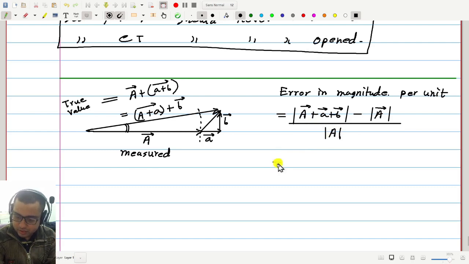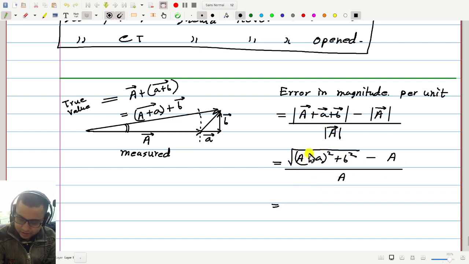Now let us simplify. This you can write as the square root of (A plus a) whole square plus b square, minus A, the magnitude of A, divided by A. Here let me take A common outside, and then inside we have to divide everything by A square.